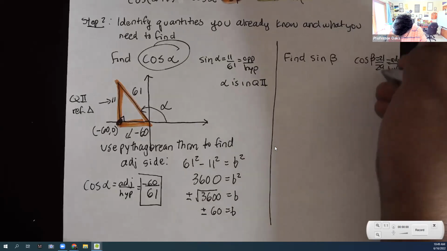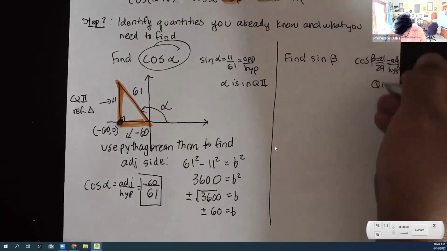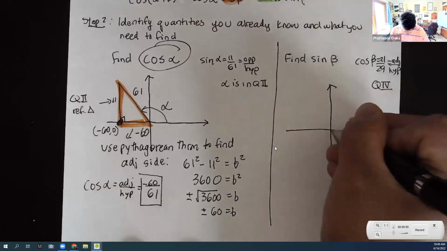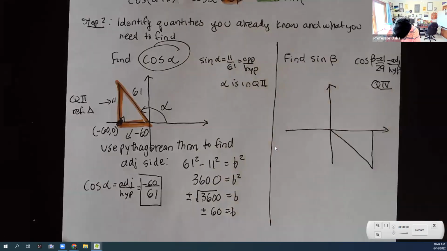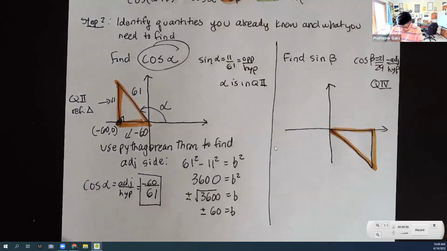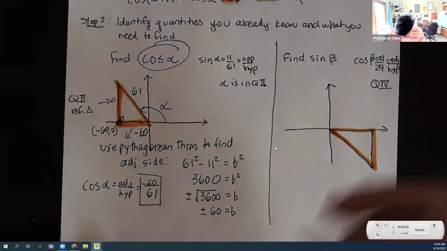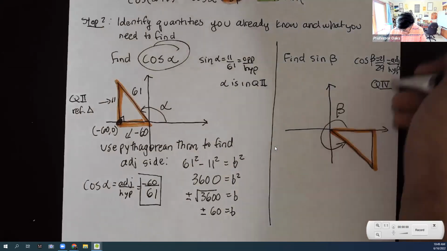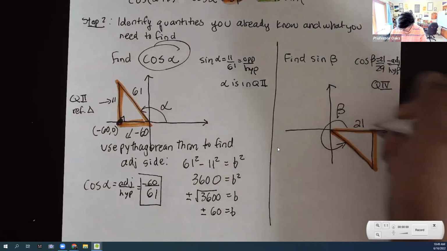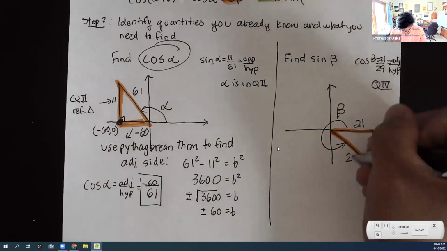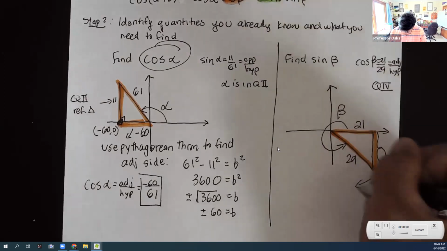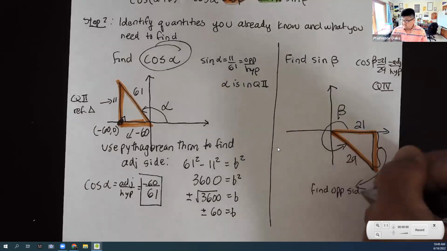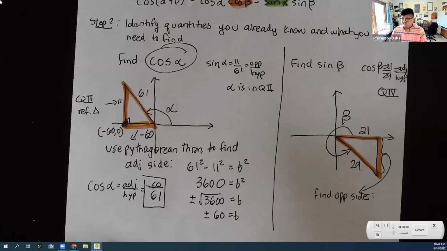They told you it was in quadrant 4, so the reference triangle is down here, and this is the beta. So adjacent is 21, hypotenuse 29. You need to find the opposite side, so that's the Pythagorean theorem again.